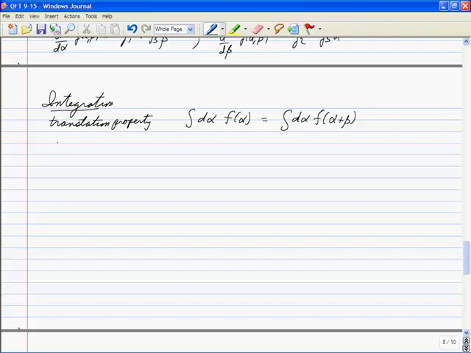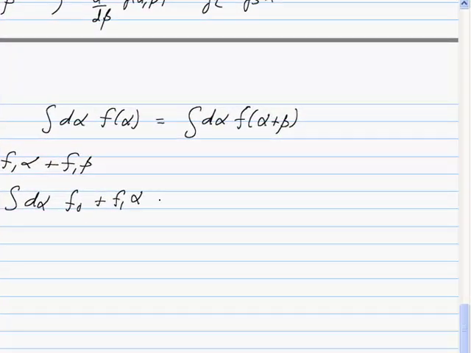So if we have f(α+β) is f0 plus f1 α plus f1 β, then the integral dα of (f0 + f1 α) has to be the integral dα of (f0 + f1 α + f1 β).